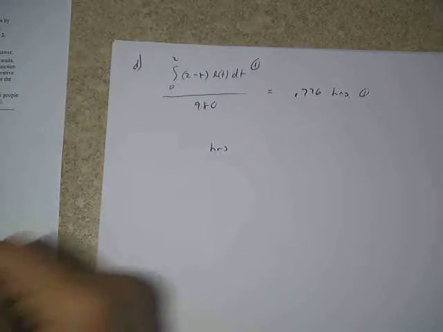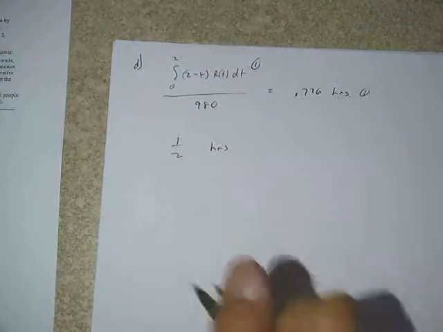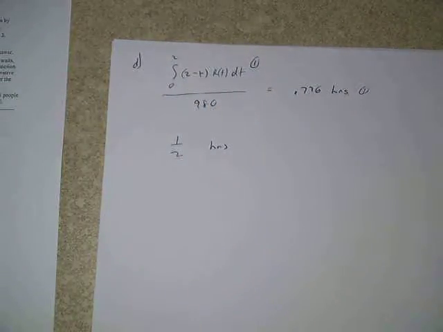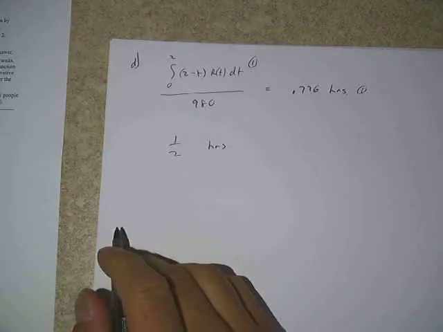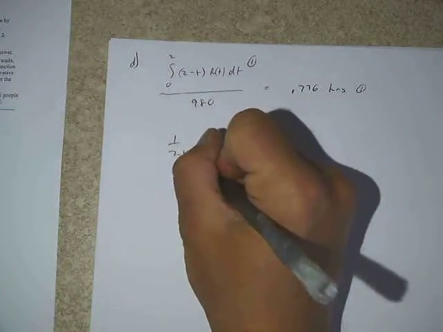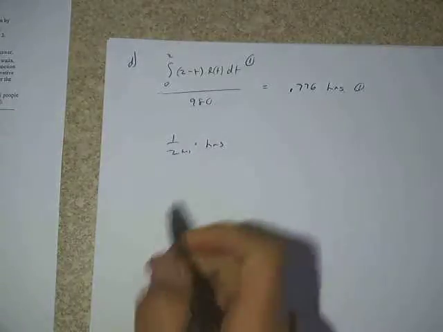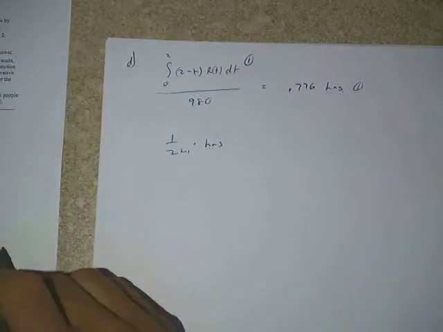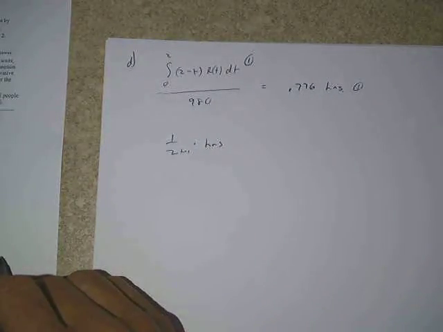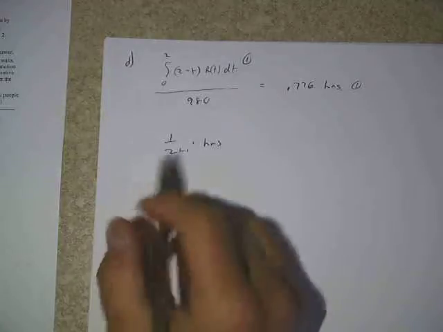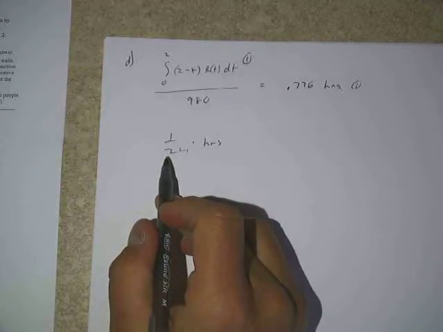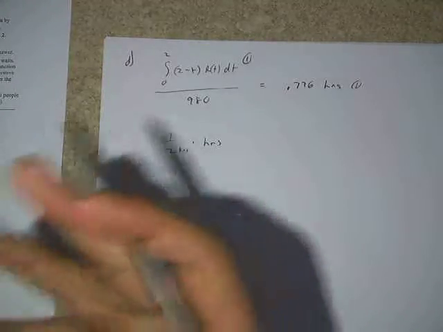And if you want to think about it in a slightly different way, one thing you want to be careful of is that this integral here is measured in hours. If you thought of it as an average value problem, you'd say, well, time is 0 to 2, so the outside needs to be 1/2.